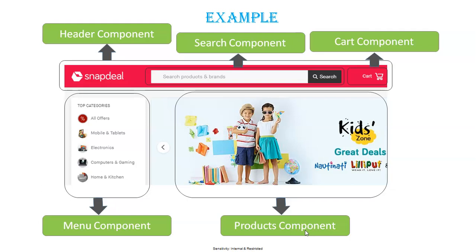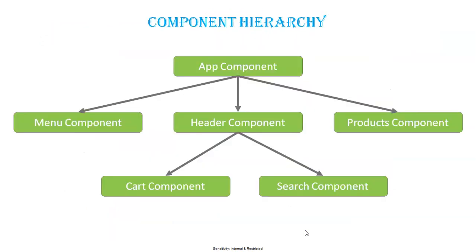So then who will be the root component? So that you can see in this slide. By default, each and every component is the child of app component. So app component is the parent one, and below that I may have a menu component, header component, and product component.